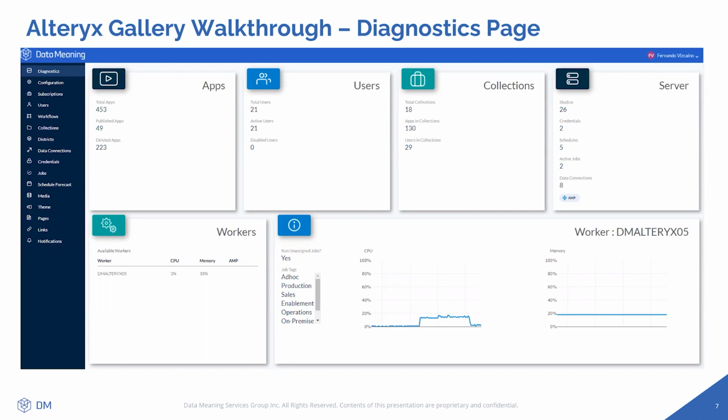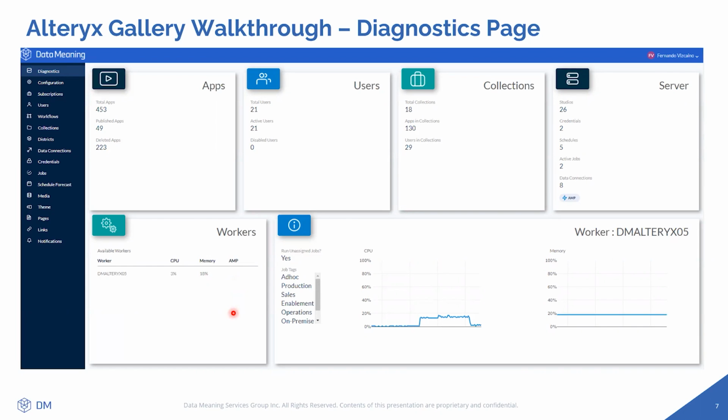You can also see some information about the worker, like the worker machine name. In this case, I only have one worker connected to this server, and it's a single node deployment, so I'm only going to see one worker there. If I had a series of workers, I would see all of them listed. I can see the CPU and memory consumption at that time, and whether I have the AMP engine enabled on that worker or not.